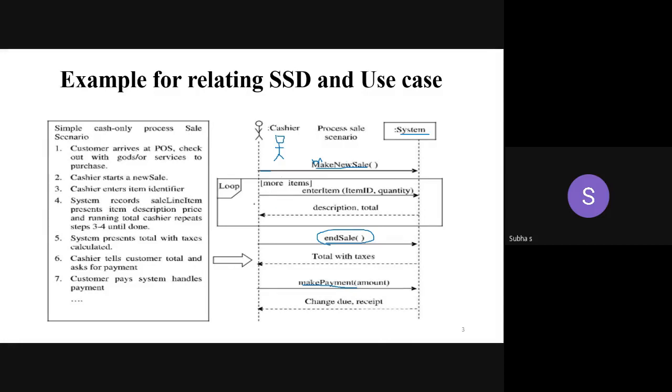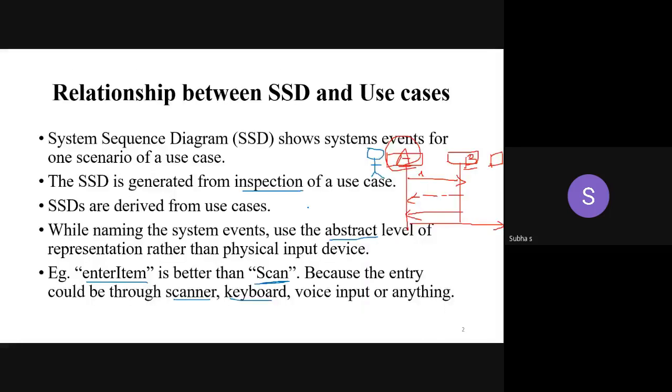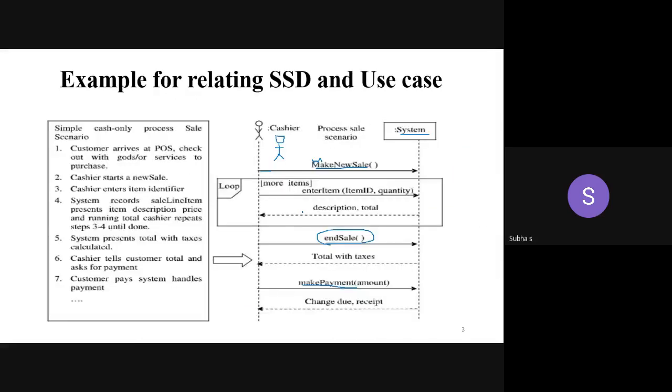Okay, what is next, what does he have to do? Forget this loop, just see the message itself. What is the first thing the cashier will do after making the new sale? Enter item, because that is the thing we are using. Actually, we are going to enter the items through a scanner or keyboard, anything. Enter item: how are you going to differentiate the item? Through item ID, and then the quantity.